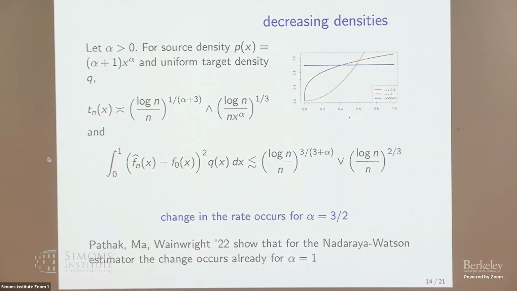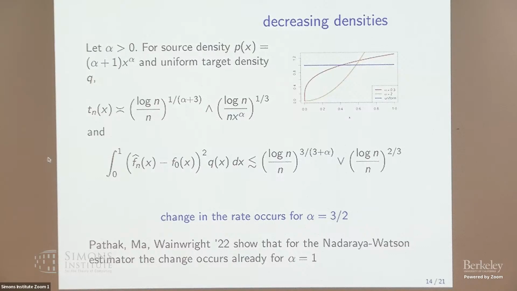There's also another paper by Rees and Martin, where they study another Nadaraya-Watson estimator, and they have a different framework, but we tried to work it out. I think if we did it correctly, it will happen in their setting that the rate of convergence will change for alpha equals 1 already, and that has to do with what I mentioned before.